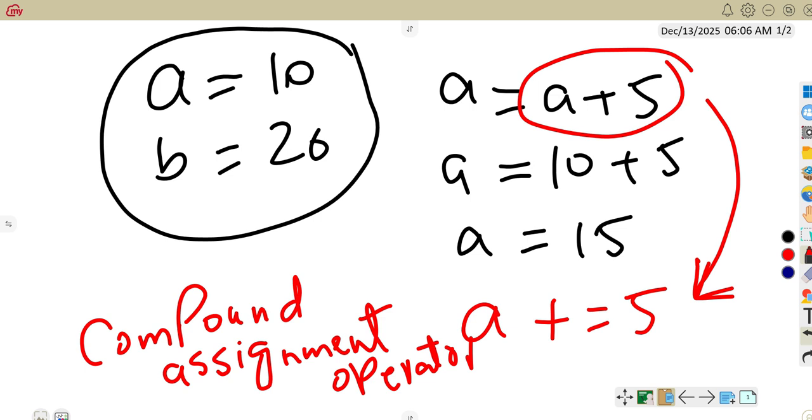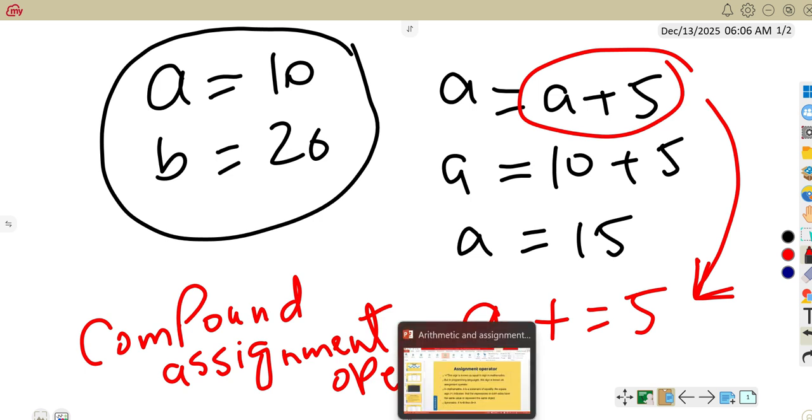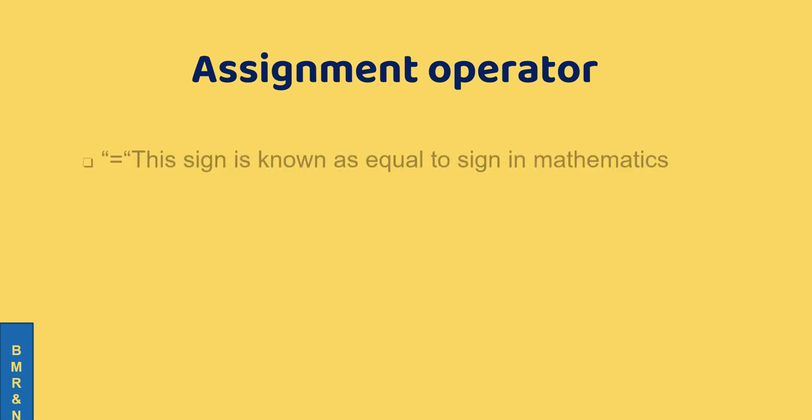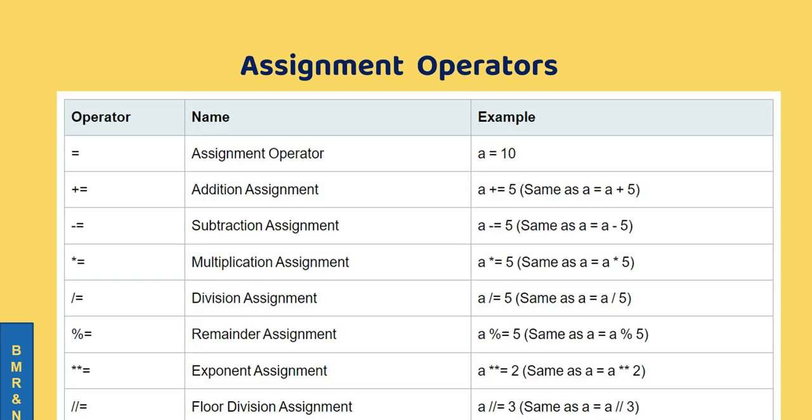I will give you the details of all the compound assignment operators, because in the previous video we learned about the arithmetic operators. All of the arithmetic operators can be combined with the assignment operator. So apart from this assignment operator, we can have 7 more, which are termed compound assignment operators.